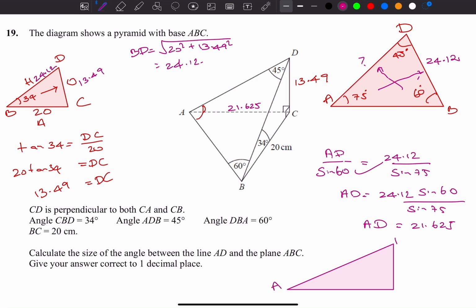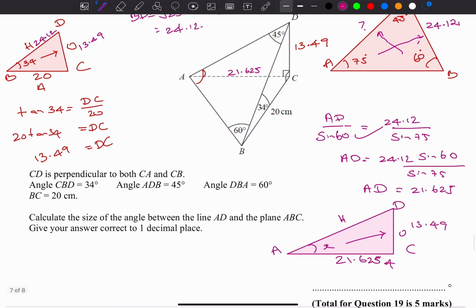A, D, C, that is 13.49, that's 21.625. You want that angle, which is called X. Hypotenuse, opposite, adjacent, so it's tan X equals opposite over adjacent, 13.49 over 21.625.